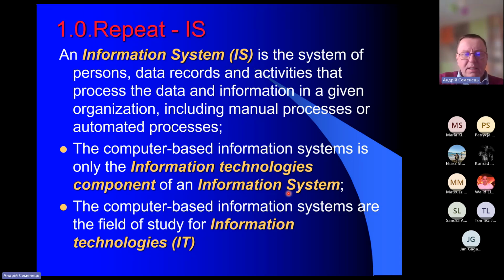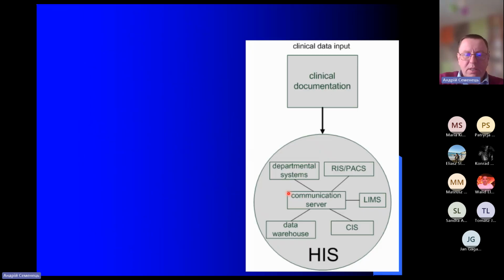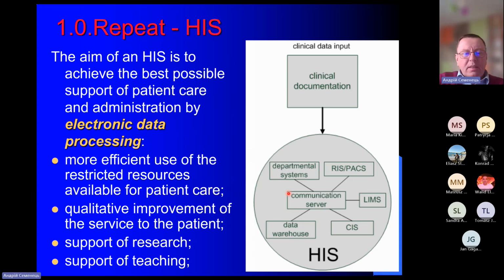And of course, we are interested in the computer-based information system, which is the information technology component of an information system. In the case of a hospital information system, our goal is to support maintenance of electronic medical records, electronic health records, and incorporate all available information about patient health into this.